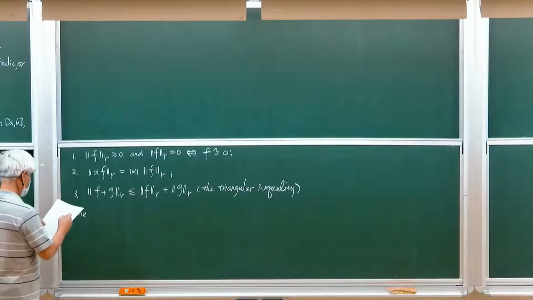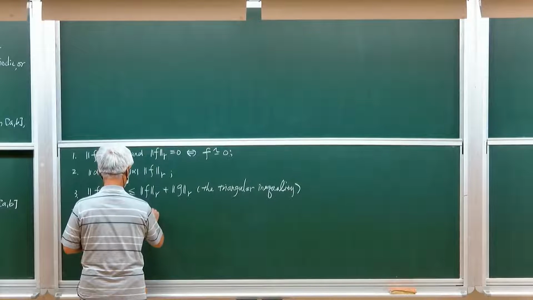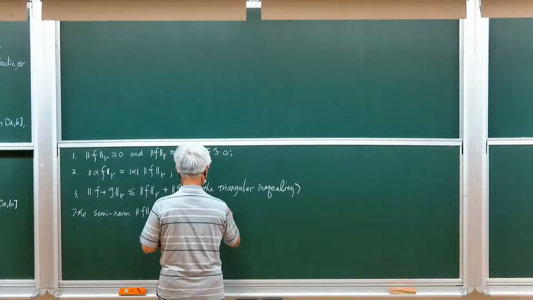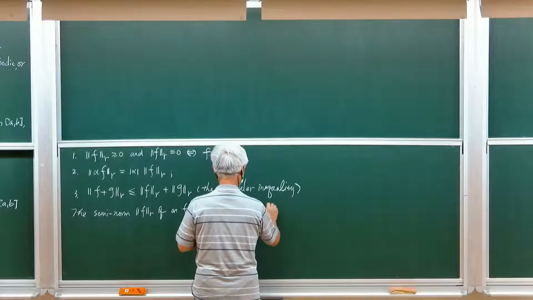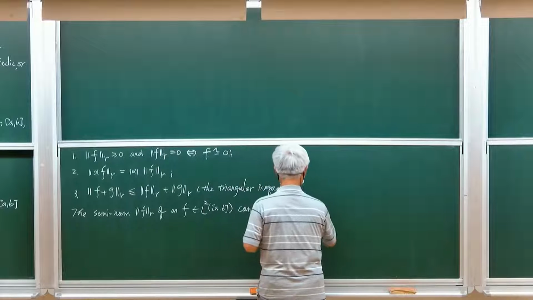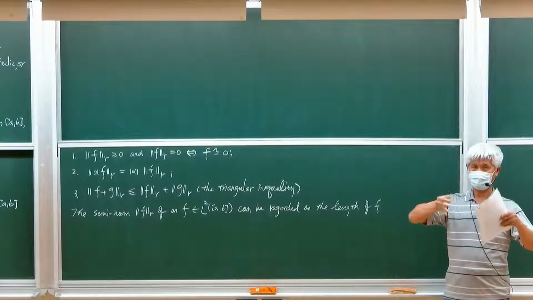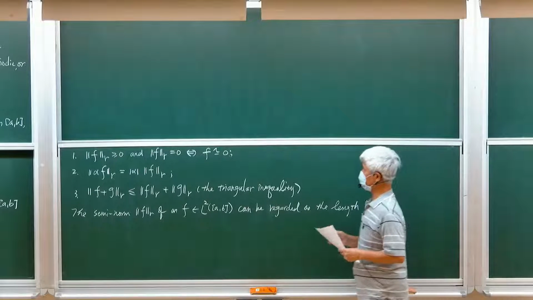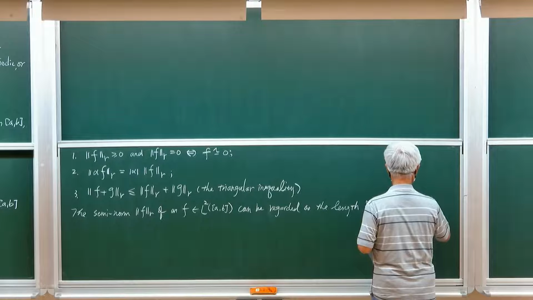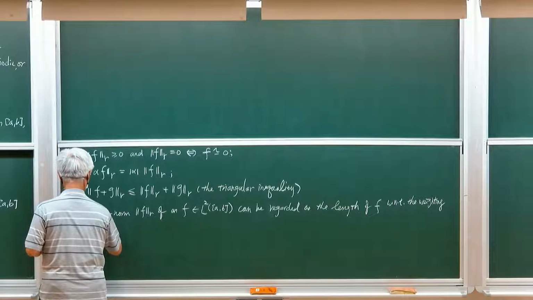From these three properties, the semi-norm of a function can be regarded as the length of f. So we can define the length of a square integrable function as the semi-norm, with respect to the weighting function r of x.